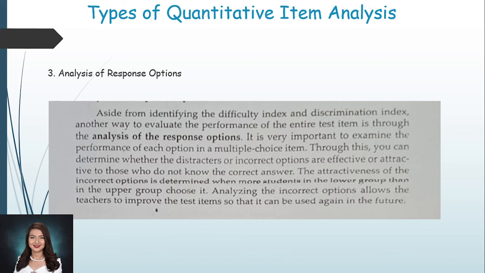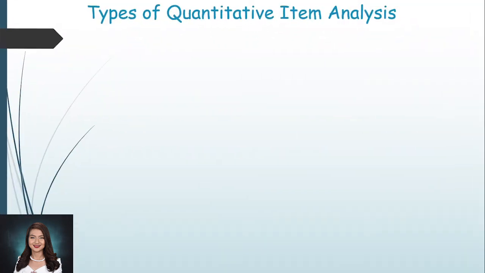Through this, you can determine whether the distractors or incorrect options are effective or attractive to those who do not know the correct answer. The attractiveness of an incorrect option is determined when more students in the lower group than in the upper group choose it. Analyzing the incorrect options allows the teacher to improve the test item so that it can be used again in the future. We have here the distractor analysis.